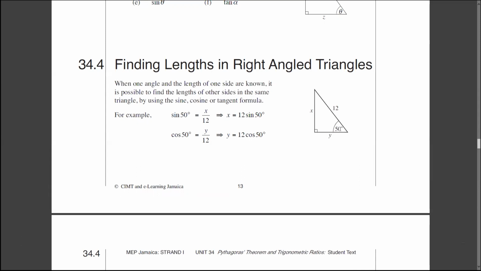So here, we're basically using the trig ratios and the relationship. Remember, we would normally have theta or alpha, but now we see an actual number. Sine of something is opposite over hypotenuse. So sine 50 is, the opposite is x, the hypotenuse is 12, and you solve for x.